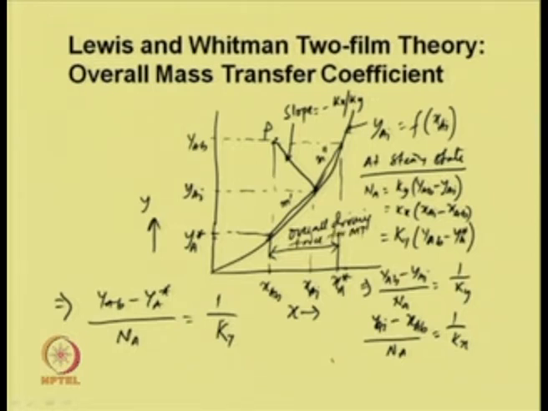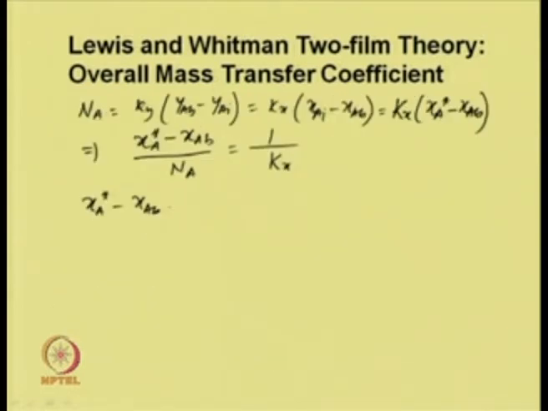So, this will be equal to x_A* minus x_Ai plus x_Ai minus x_Ab.